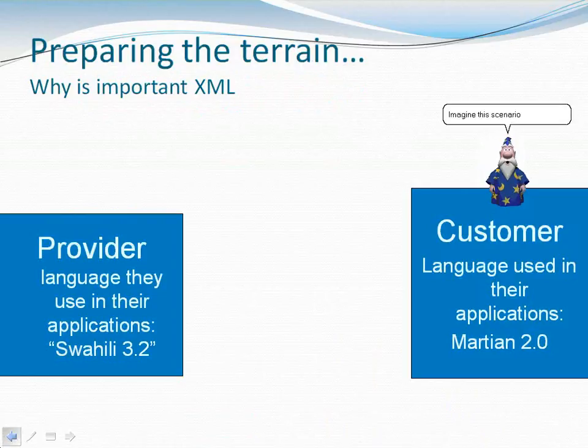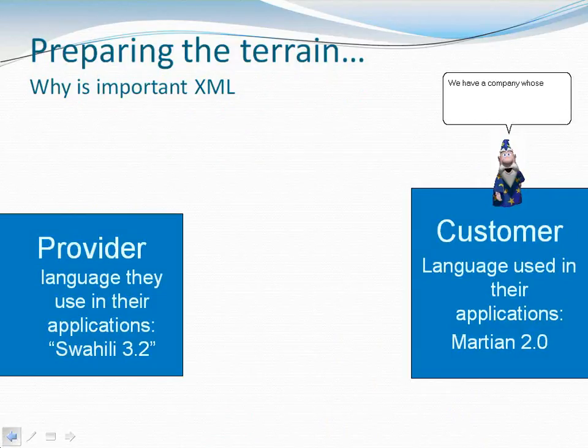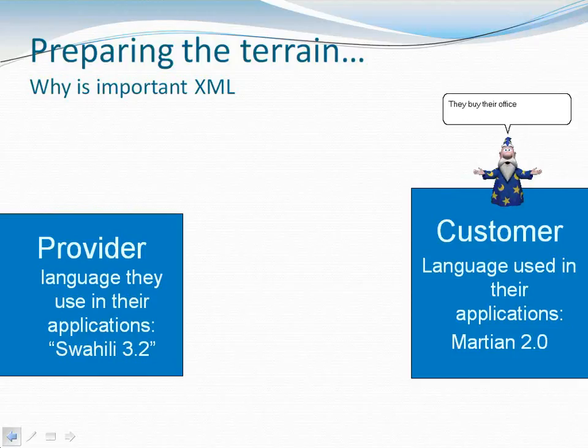Imagine this scenario. We have a company whose internal applications and systems all run on a technology called Martian version 2.0. They buy their office supplies from a specific provider, and they would like to integrate their internal purchasing system with that of the provider in order to automate their purchasing and invoicing.